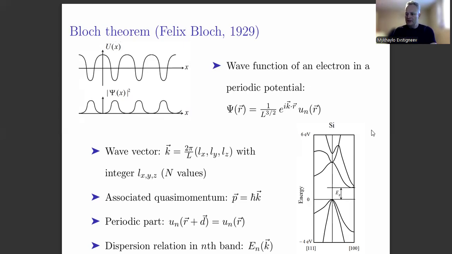It turns out that this momentum-like quantity of an electron in a crystal is not conserved. Well, it is conserved, but only up to an integer multiple of the reciprocal lattice vector multiplied by h bar.